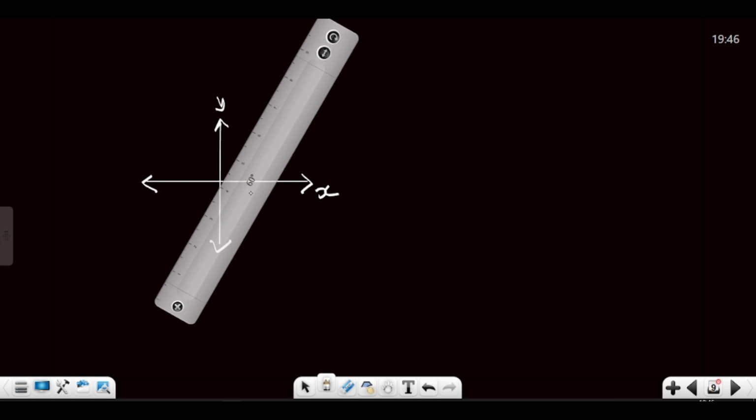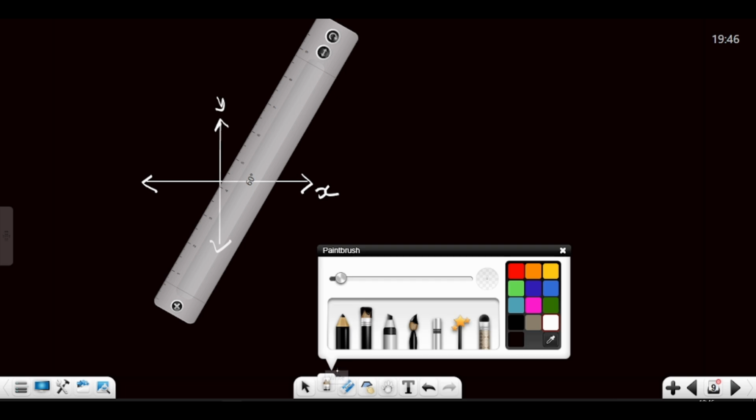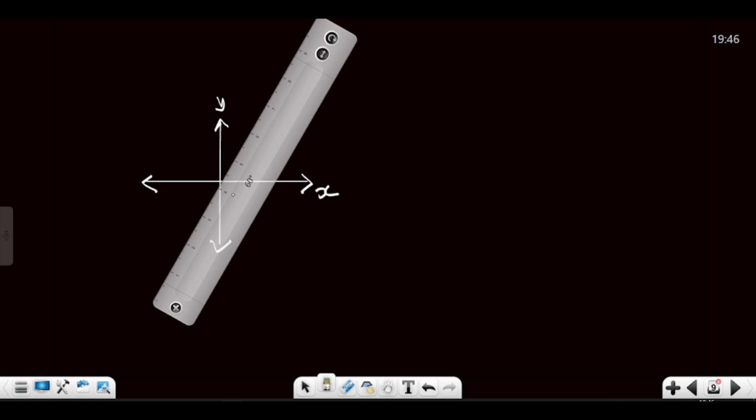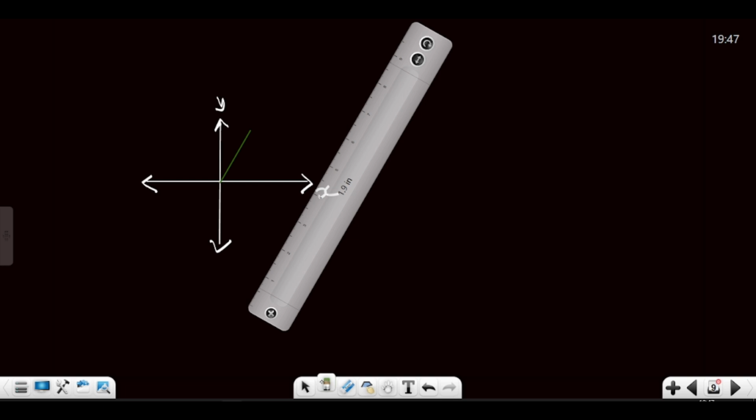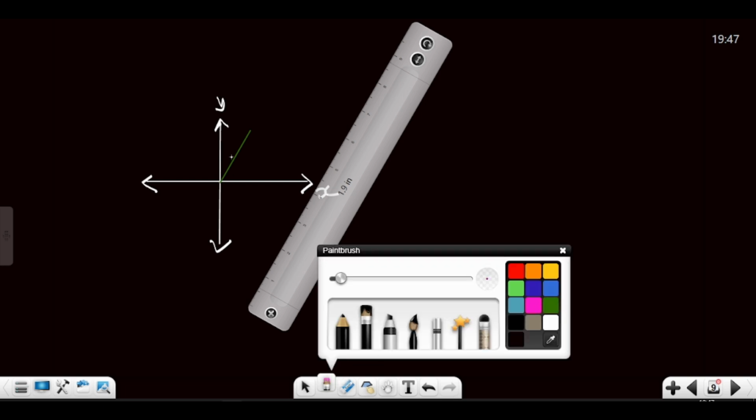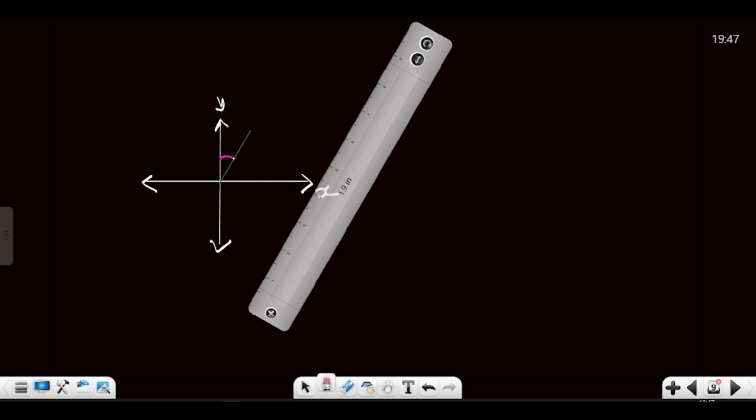We have a vector like this. This vector makes 30 degrees with the y-axis. Let's name this vector A.